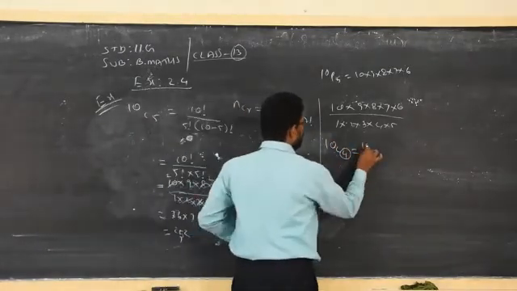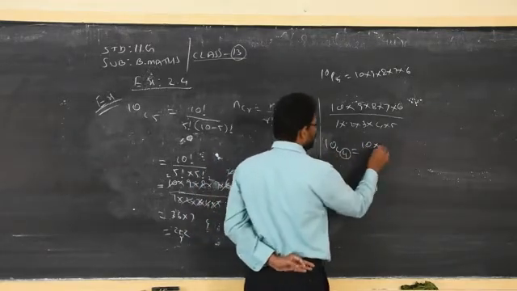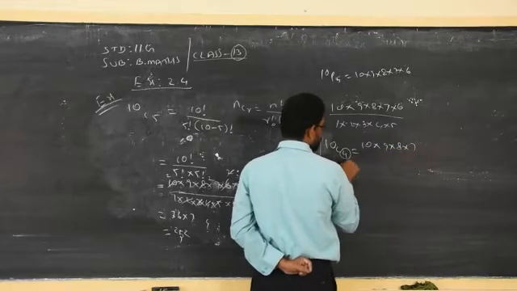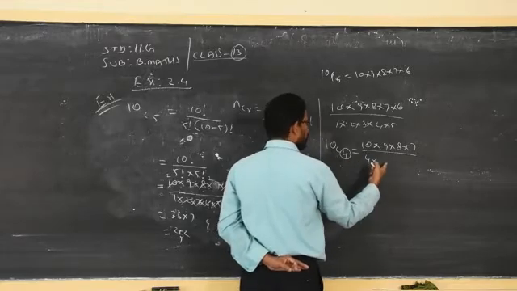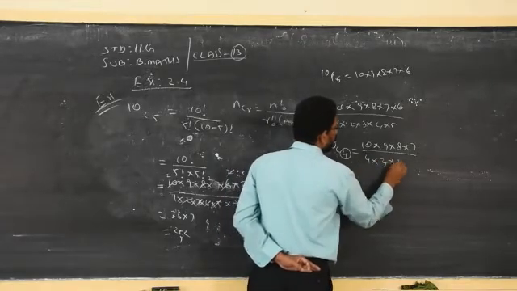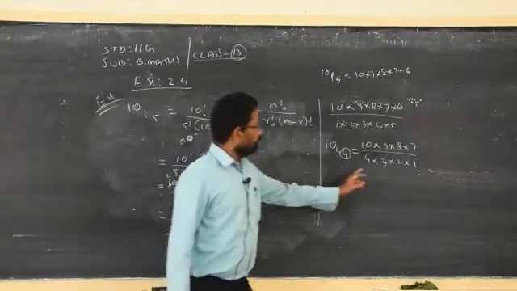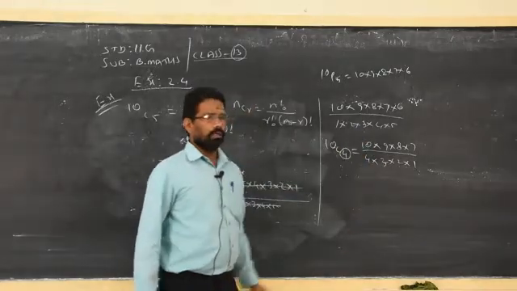So you write 4 numbers in descending order starting from 10: 10, 9, 8, 7. Denominator, either write from 4 till you get 1, or 1 to 4. Both are the same. Don't confuse.